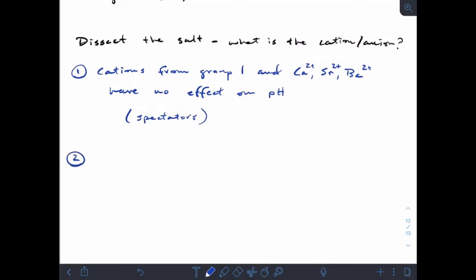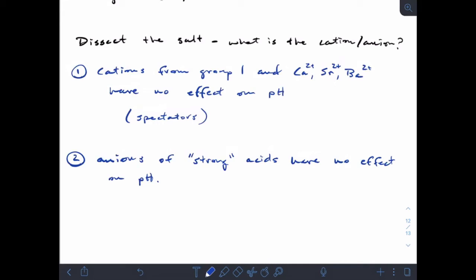Part 2, anions of strong acids, from the list of strong acids, have no effect on pH. Okay, and actually I stepped over one particular thing.